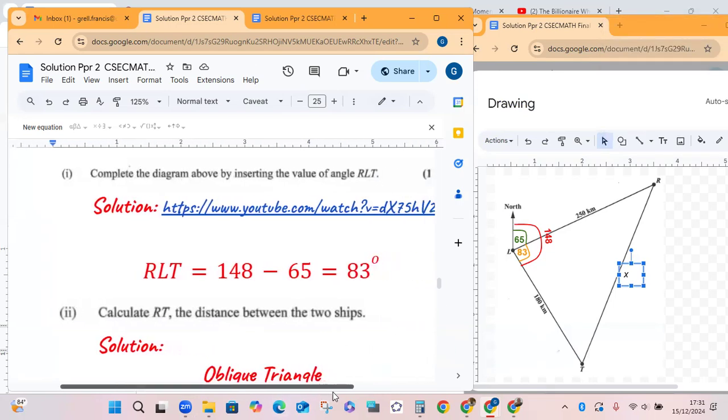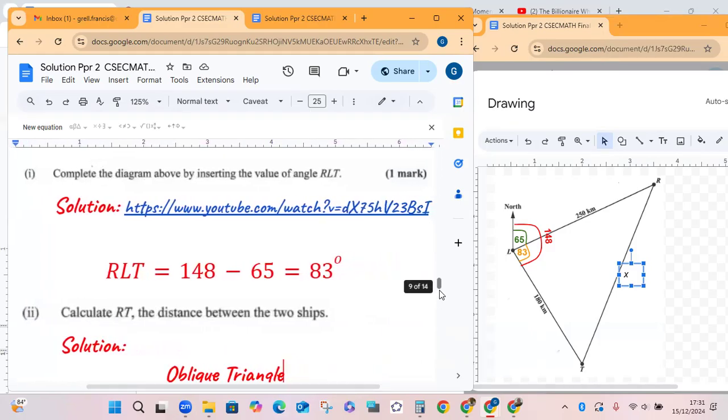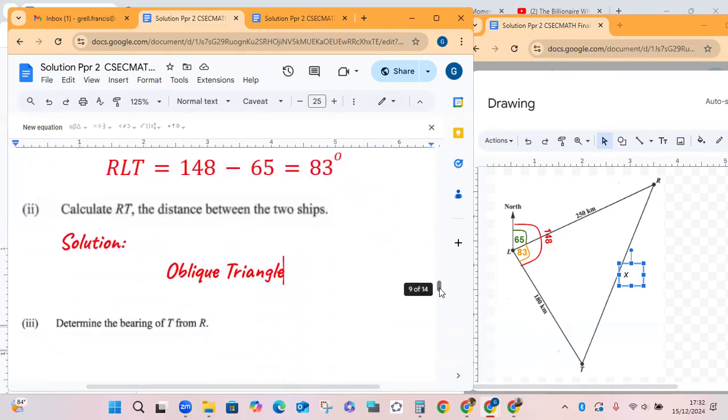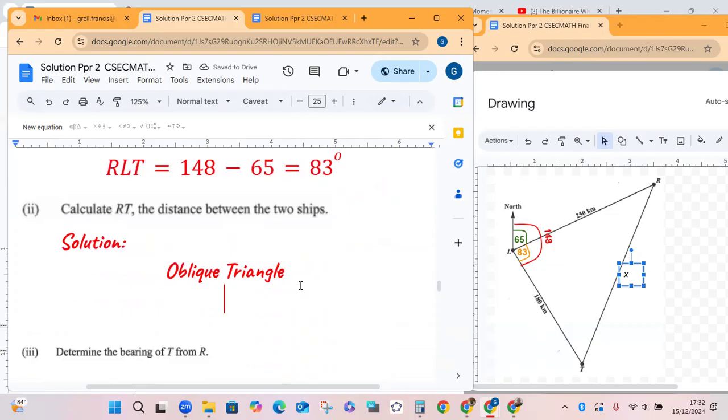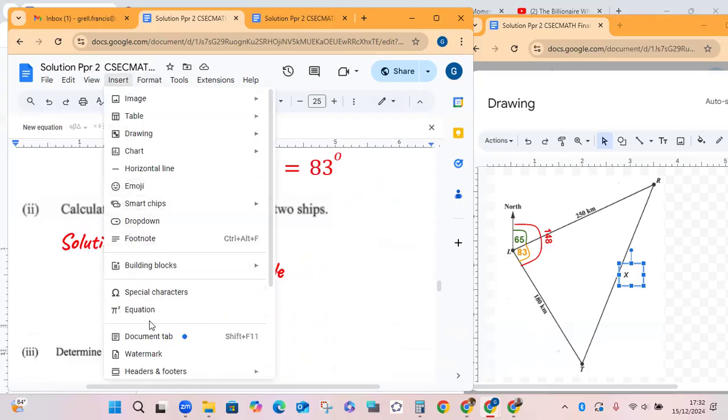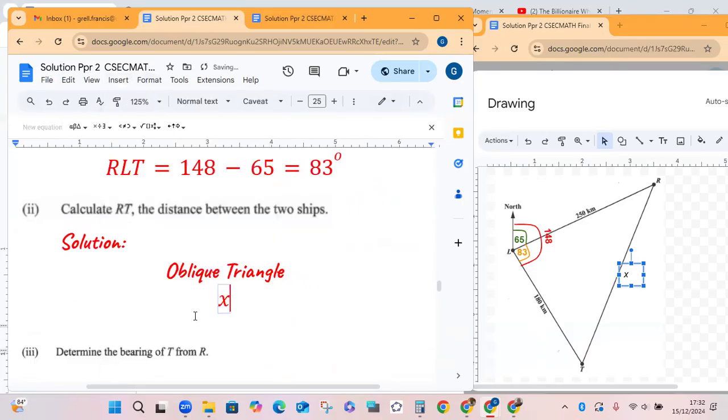So we have to continue observing to see which of the two rules we've got to use, either the sine rule or the cosine rule. Now, X, which of course is what we are trying to find, is opposite to 83 degrees.